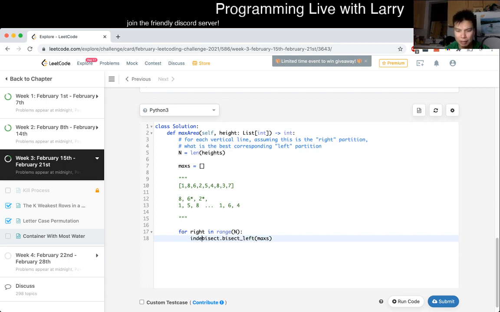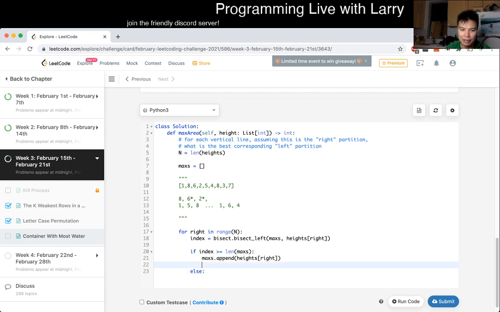Index is equal to bisect left. If index is greater than or equal to the length of maxes, then that means that this is the biggest number. So then we just append heights of right. Else we can calculate the area, and then we'll just do the best.